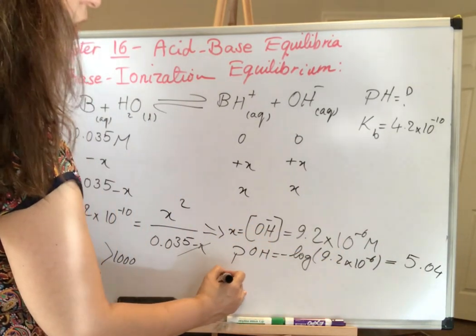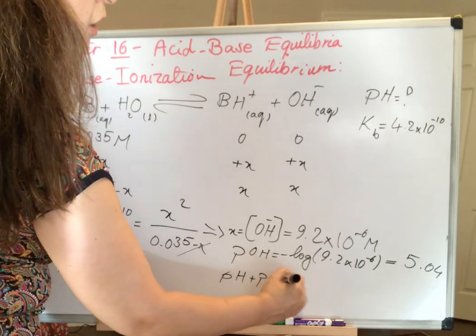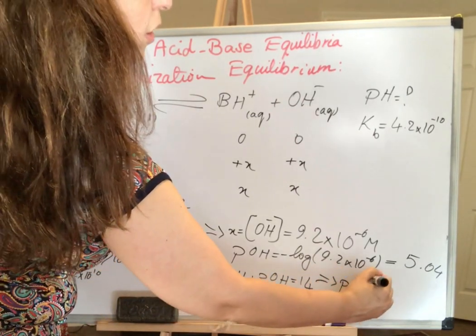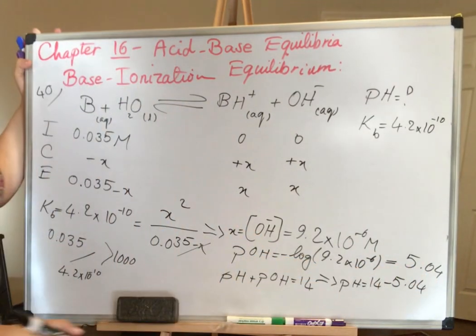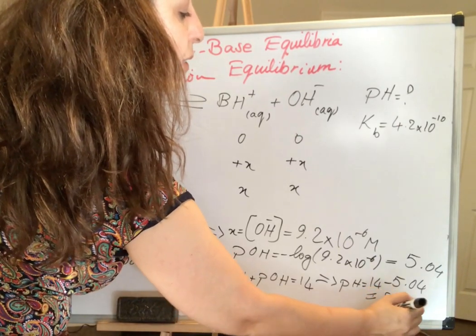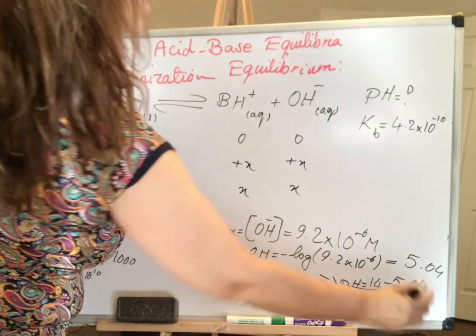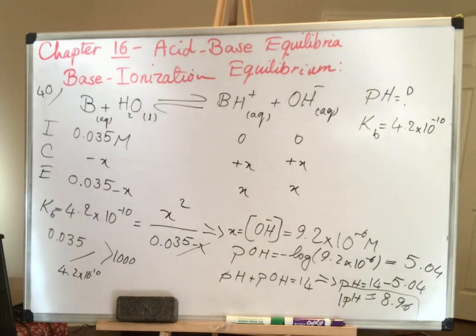And then what was the relation between pH and pOH? pH plus pOH is 14. So pH is 14 minus 5.04, which is equal to 8.96. And this is a basic solution. The pH is above 7, and it makes sense, absolutely makes sense.